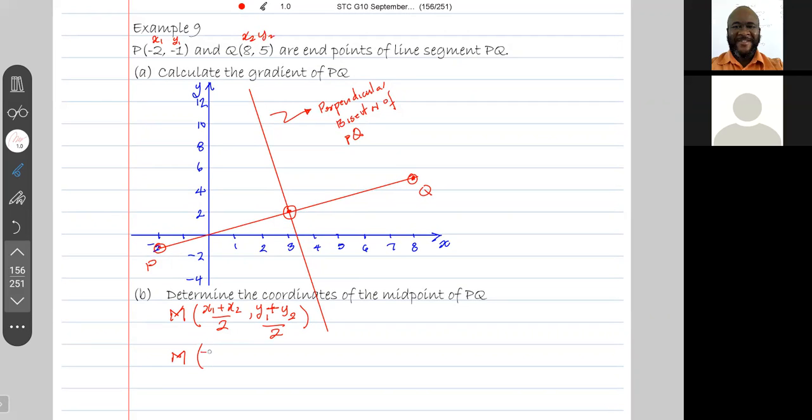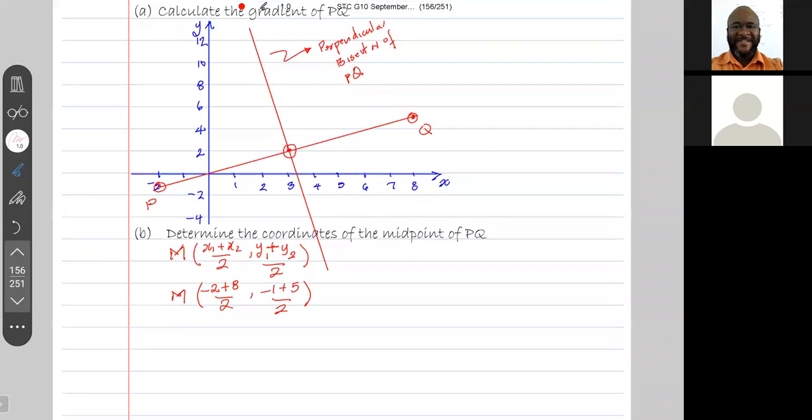This is (minus 2 plus 8 over 2, minus 1 plus 5 over 2), which is (6 over 2, 4 over 2).